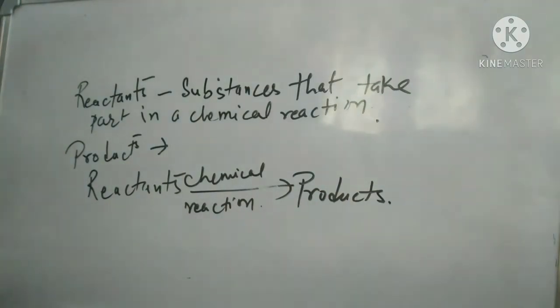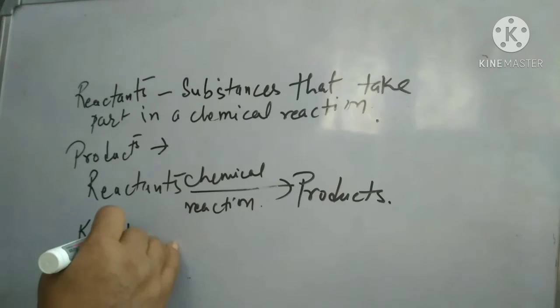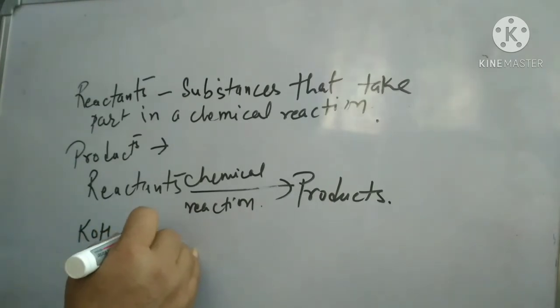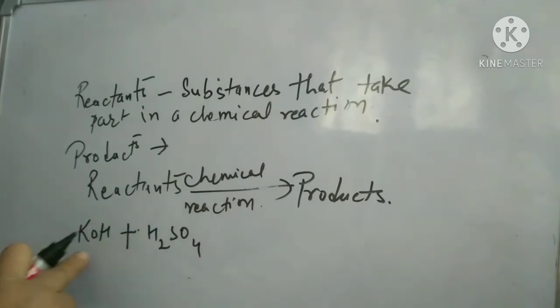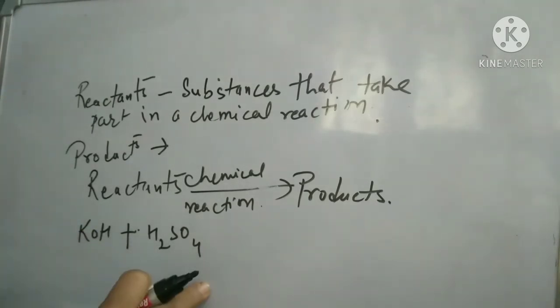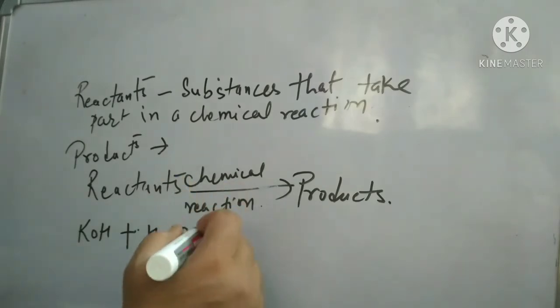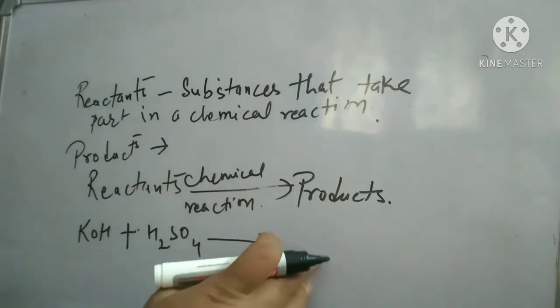Now, if we take an example of a chemical reaction, like potassium hydroxide reacting with sulfuric acid, this is the symbolic representation in the form of formulas and symbols that you can see over here. Now, when they react, products will be formed.